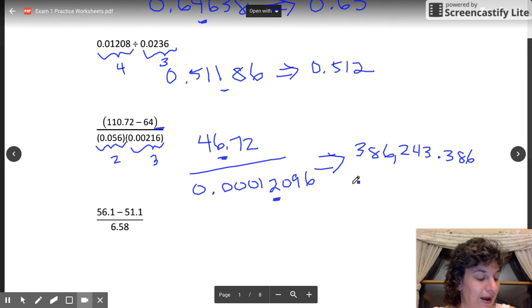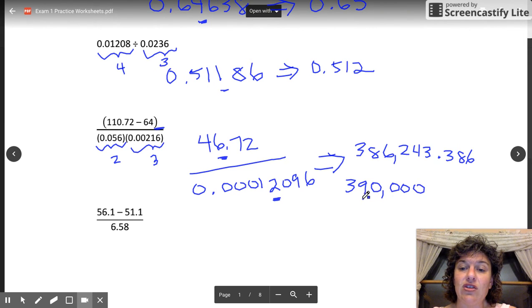But this needs to be rounded to only 2 significant figures. So we have 390,000 because we're rounding it to the 2 sig figs. So if you wanted to write this, you could do 3.9 times 10 to the 5th, if you wanted to write it in scientific notation.